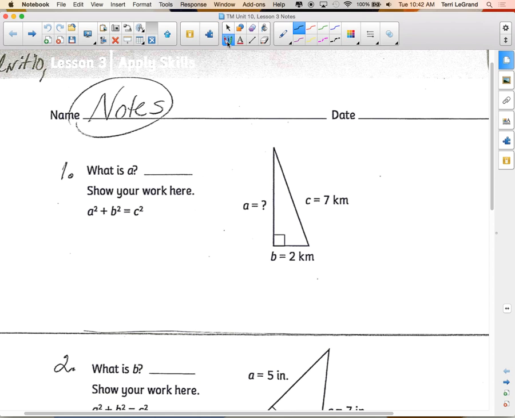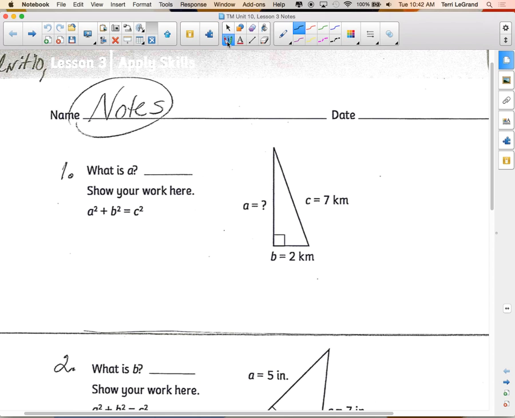What does that say? A squared plus B squared equals C squared. Not A plus B equals C. We found out yesterday that's not true. A plus B does not equal C, but A squared plus B squared equals C squared.